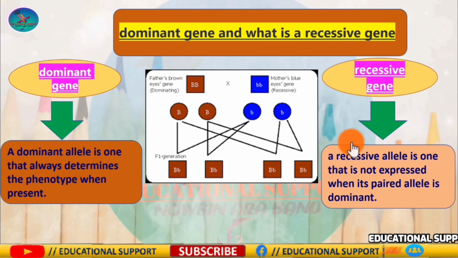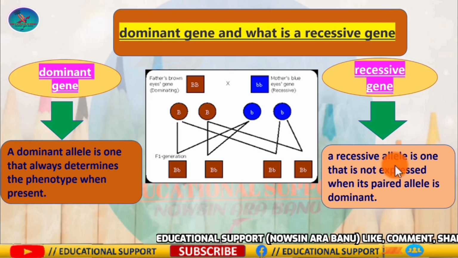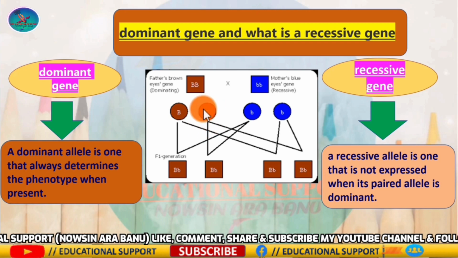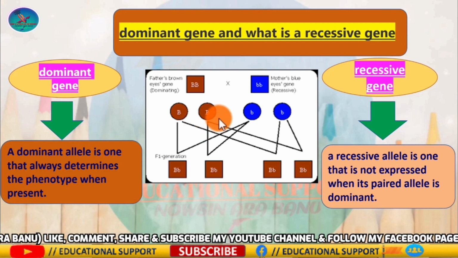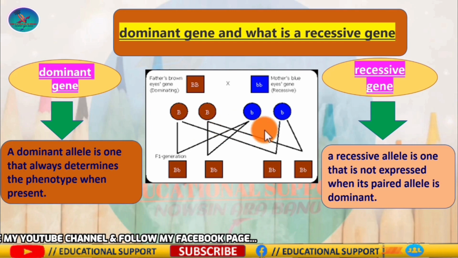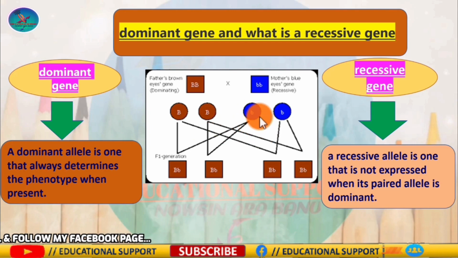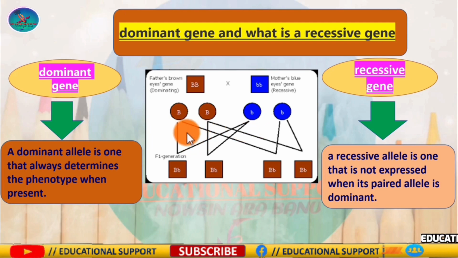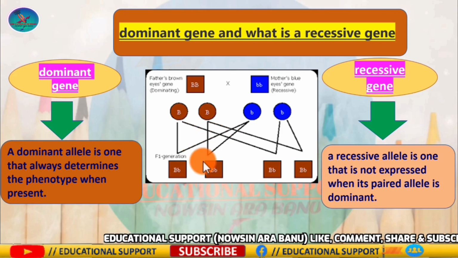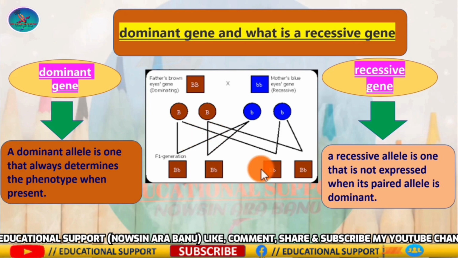So, recessive traits can only be expressed if the genotype is homozygous. For example, with eye color, the brown eye allele is dominant to the blue eye allele. This means that a child with a blue allele from their mom and a brown allele from their dad will end up with brown eyes. But a child with two blue eye alleles will display the blue eyes phenotype.